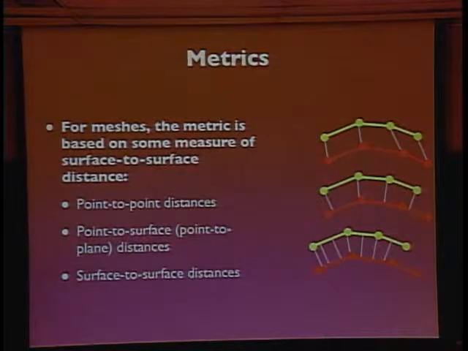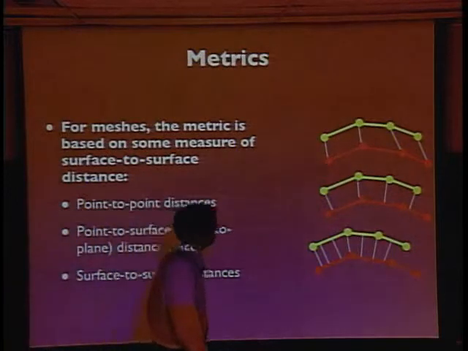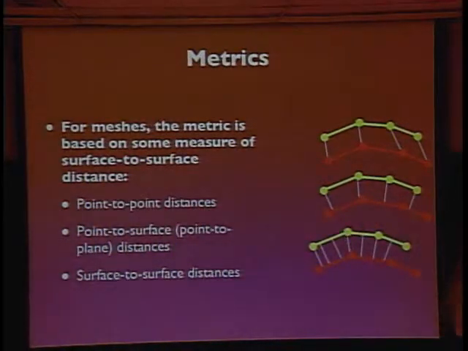So for surface meshes, there seems to be a fairly intuitive way to do this, which is driven by the fact that you have a bunch of points that are connected by edges. So in particular, what you can do is have each point on your moving mesh, or each point on your fixed mesh, it doesn't really matter that much, and have each one of them tally their vote or contribute their opinion to some degree about how well that particular local location of the mesh seems to align with the other mesh.